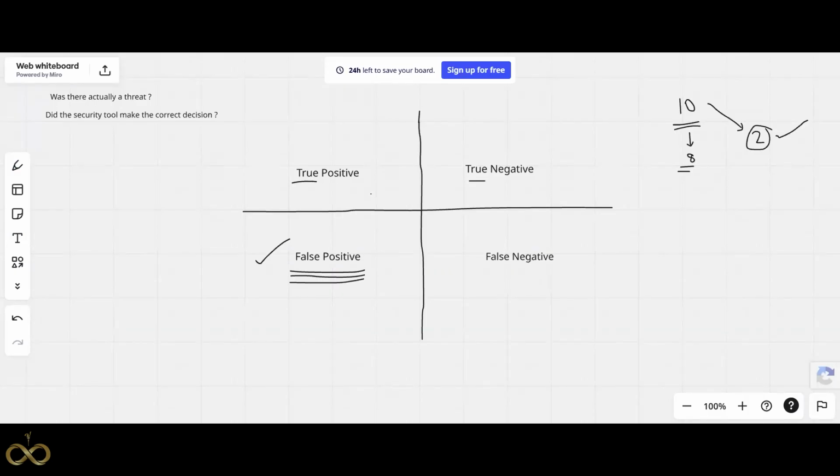This is considered as the most dangerous situation: false negative. Let me draw that danger alert signal in front of it so that you guys remember this chart.